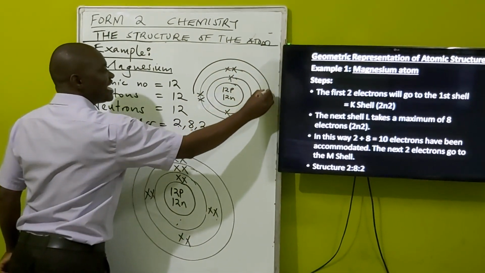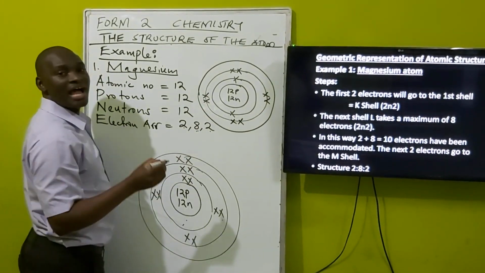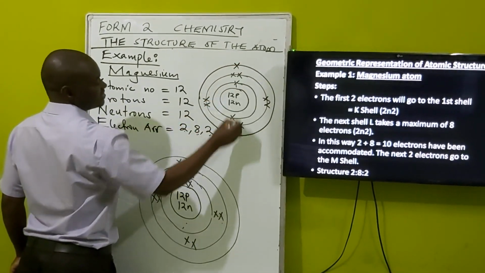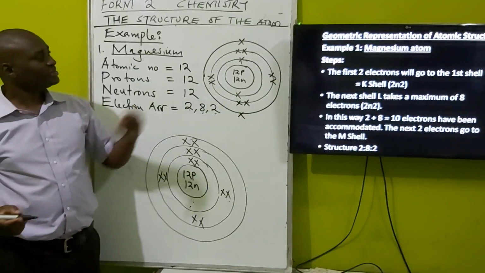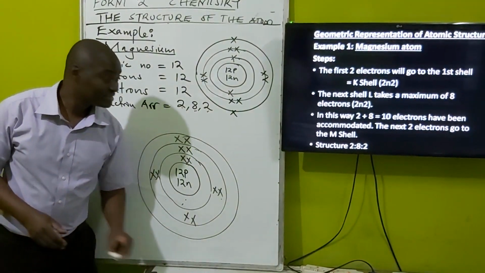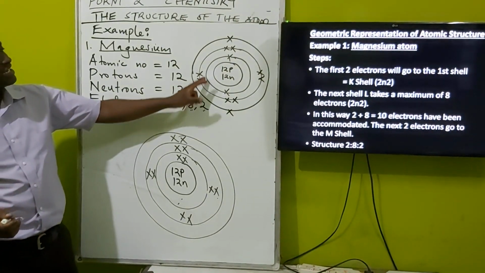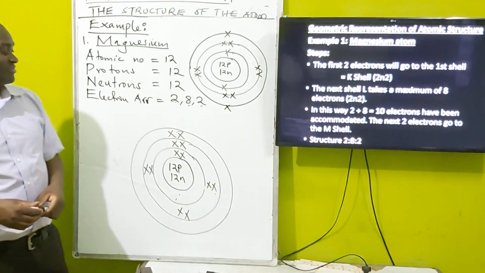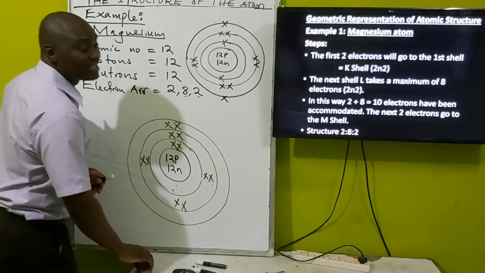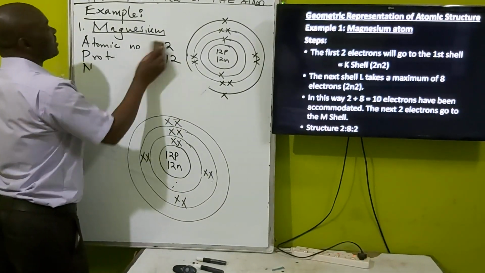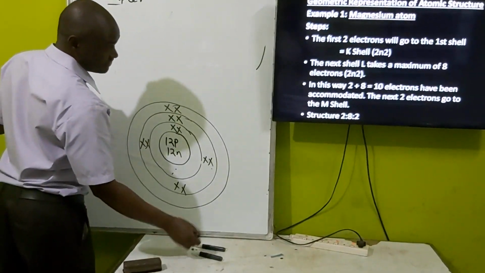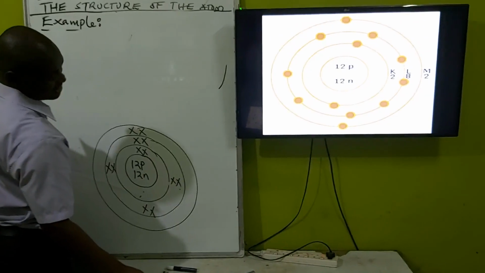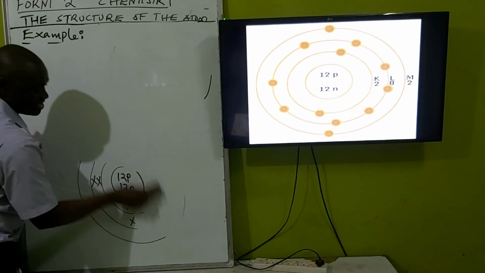Then the third energy level will have 2 electrons. So either you can use this format or you can use the second one. You can draw these electrons on the line, on the energy level, or in between. That one is allowed. So that is our first example, as can be seen on that screen.